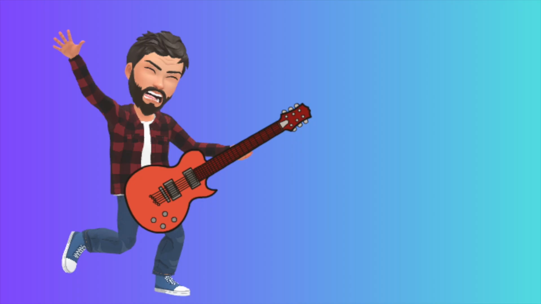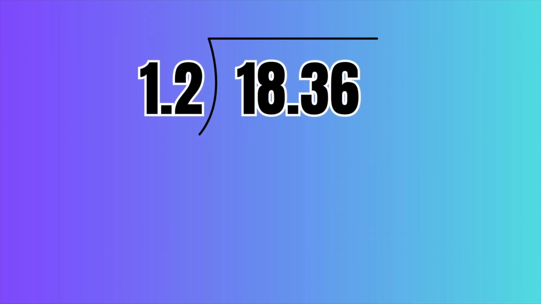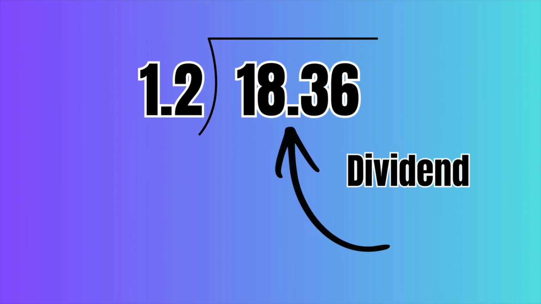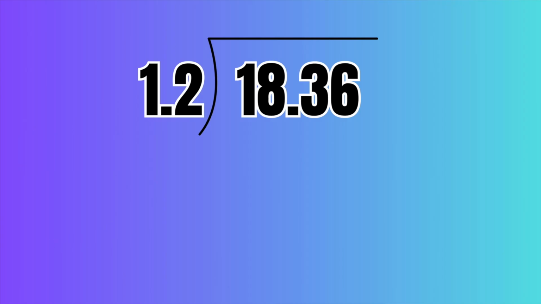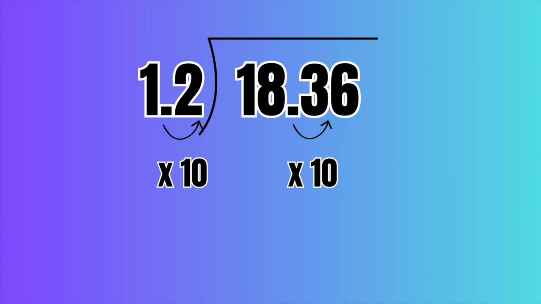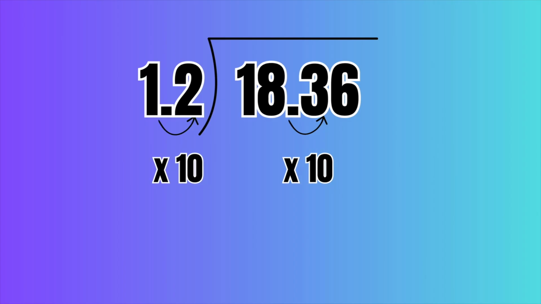All right, let's move on to the last and final problem. We are going to do 18.36 divided by 1.2. Okay, so in this one, we have a decimal in the dividend and the divisor. I'll walk you through it. So when we have a decimal in both the dividend and the divisor, you're going to want to multiply both of them by 10. We want to move the decimal over to the right. We want to get the decimal out of the divisor, out of the 1.2.